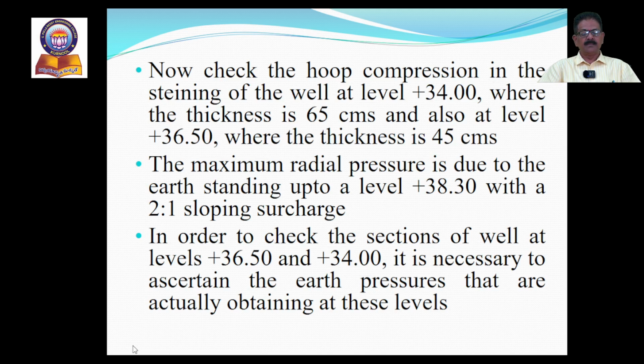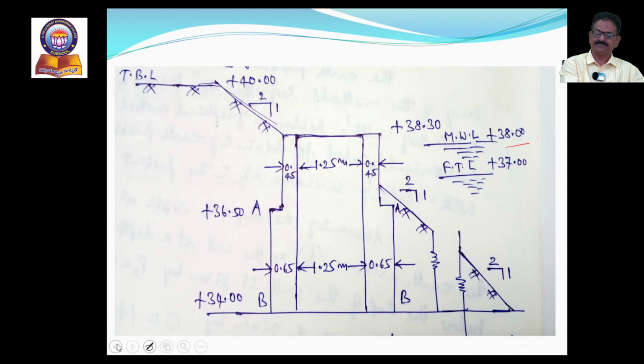The maximum radial pressure is due to the earth standing up to the level of 38.3 with a sloping surcharge of 2:1. This we can also observe in the previous diagram. See here, on the left hand side of this diagram, this is the tank bund. So this is completely covered with earth.